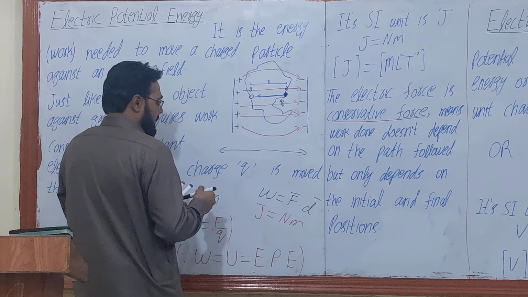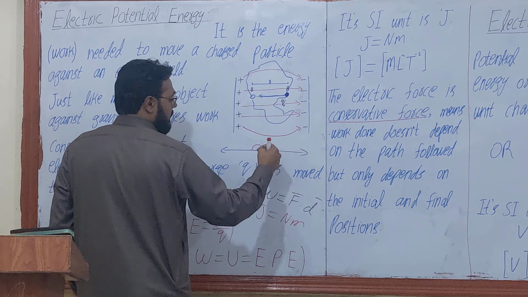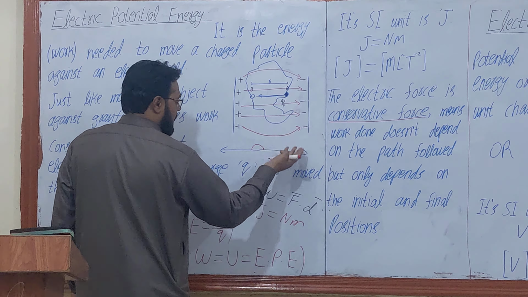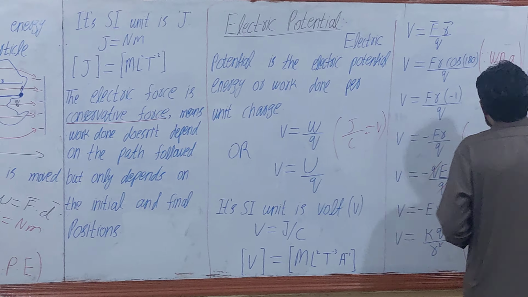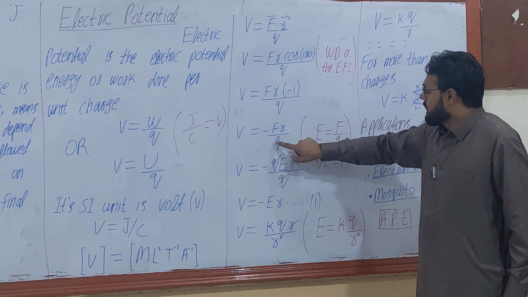So the angle is 180. The work is done against the electric field lines. Electric field lines go from left to right, and the work is done from right to left. The angle is 180. That's why cos 180 comes here, and cos 180 is minus 1.